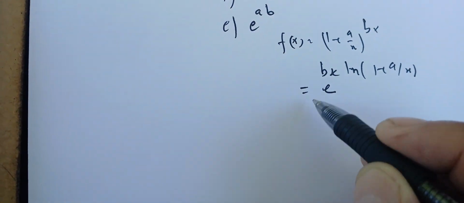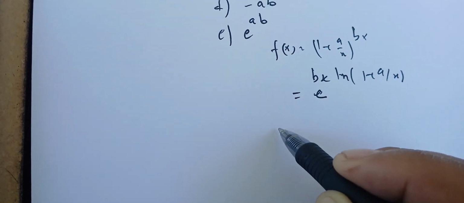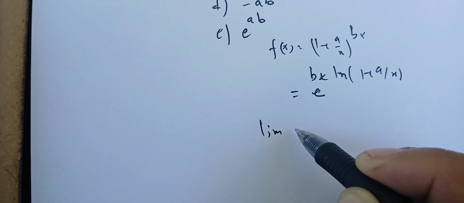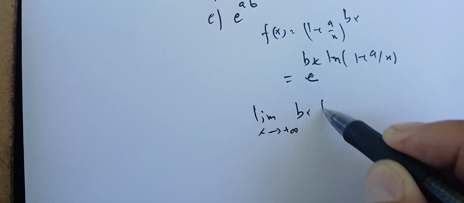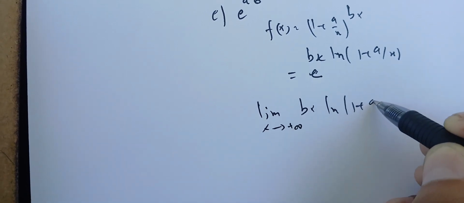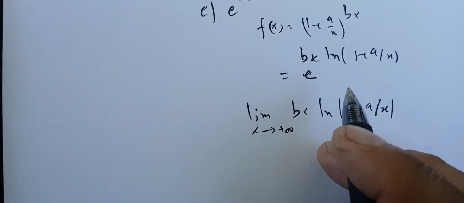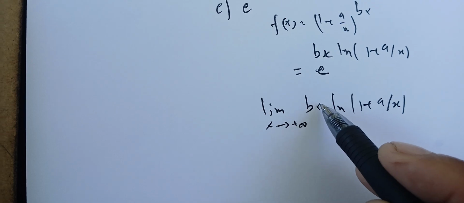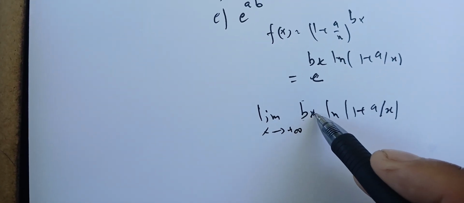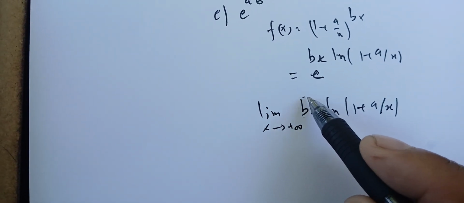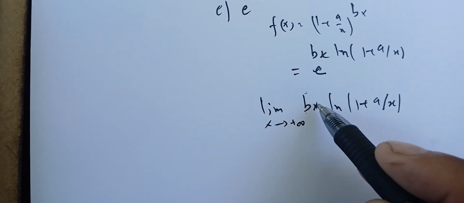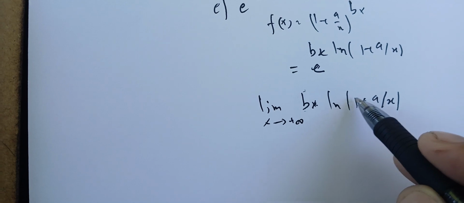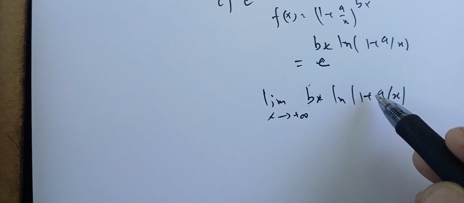Let's forget about the exponential and work on this one here: the limit as x goes to infinity of bx times ln of 1 plus a over x. Here we see that if x goes to infinity, and assuming that b is positive, we're going to have plus infinity times 0. We still have this problem.